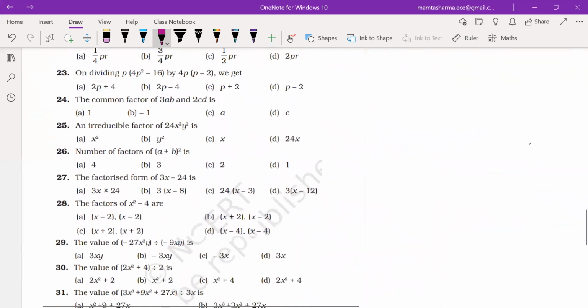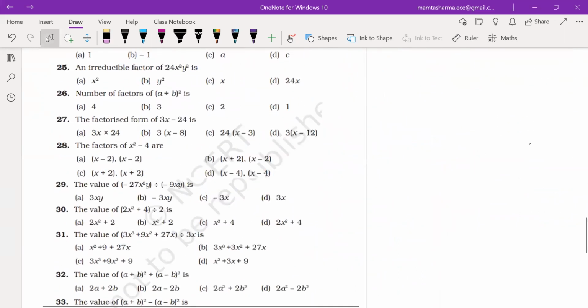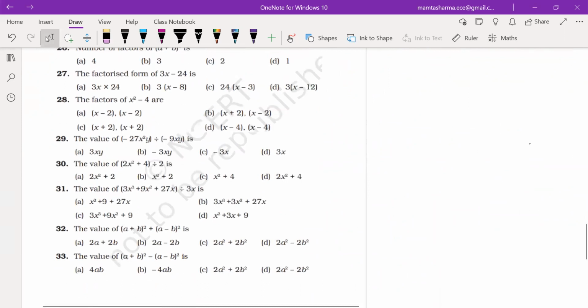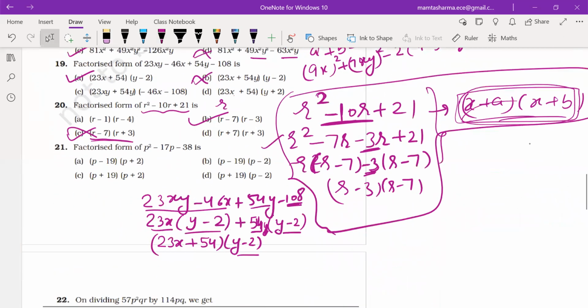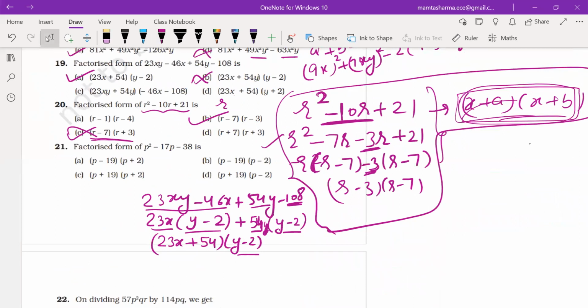So now I think the rest of the questions can be solved easily. Okay, those who want to leave, they may leave. Ma'am, will you take the quiz now? No. I will take Ananya's class because she wants to learn comparing quantities. Then all others can leave.